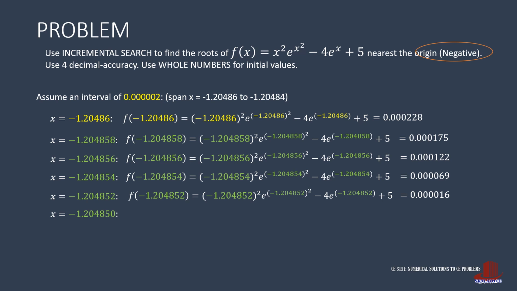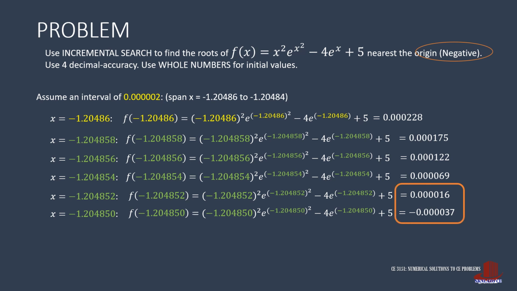If we use x of negative 1.2485, the value for f of x turns out to be negative 0.000037. This definitely ends the iteration, but then the value is greater than the previous one. So we take the root as negative 1.204852.